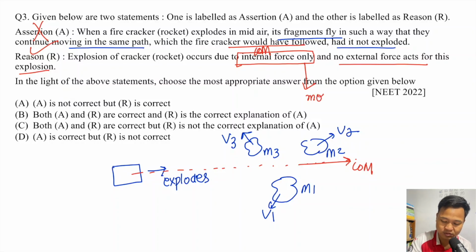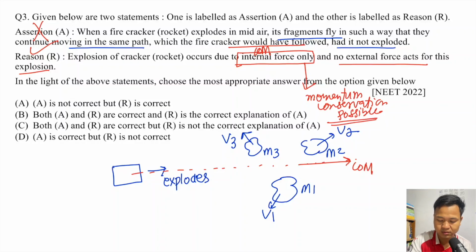Momentum conservation is possible there, since the explosion is due to internal forces and internal energy, with no external forces. So A is not correct, R is correct.